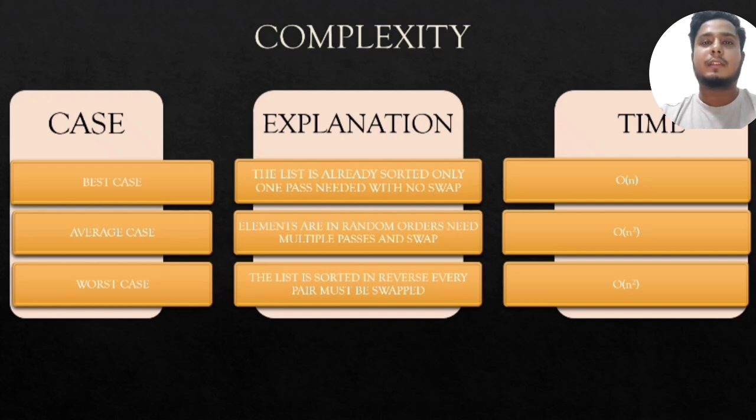For average cases, the elements are in random order and need multiple swaps, like we have seen there. But in the worst case, the elements are arranged in reverse order, because to arrange them it will go on swapping and swapping and swapping and take very much time.